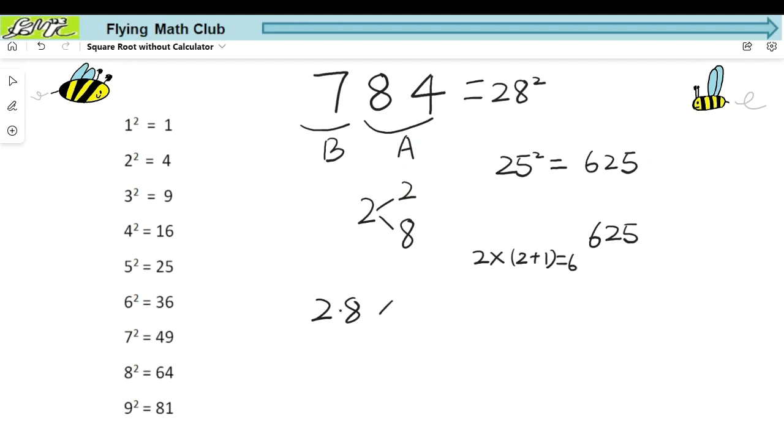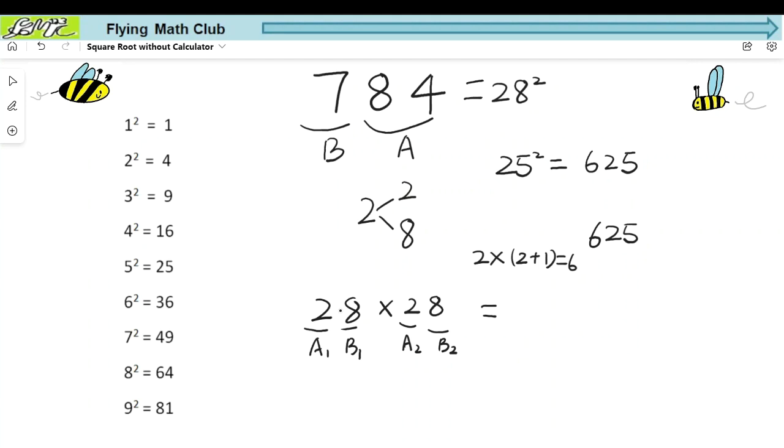28 times 28. I'm going to introduce a very quick calculation method. First, separate each number into two parts: A1, B1, A2, B2. Use B1 times B2.